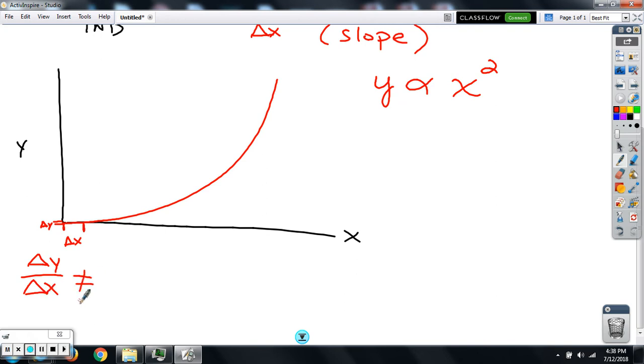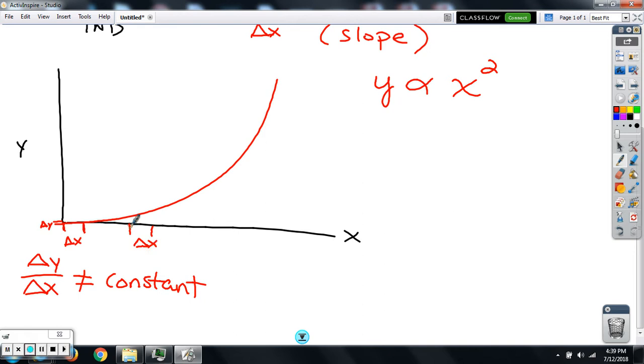But in this case, it's not constant, because if I take now that same interval somewhere later along the curve, so I'm going to try to get the space between this line and this line to be about the same. Okay, so this is supposed to be the same delta x.